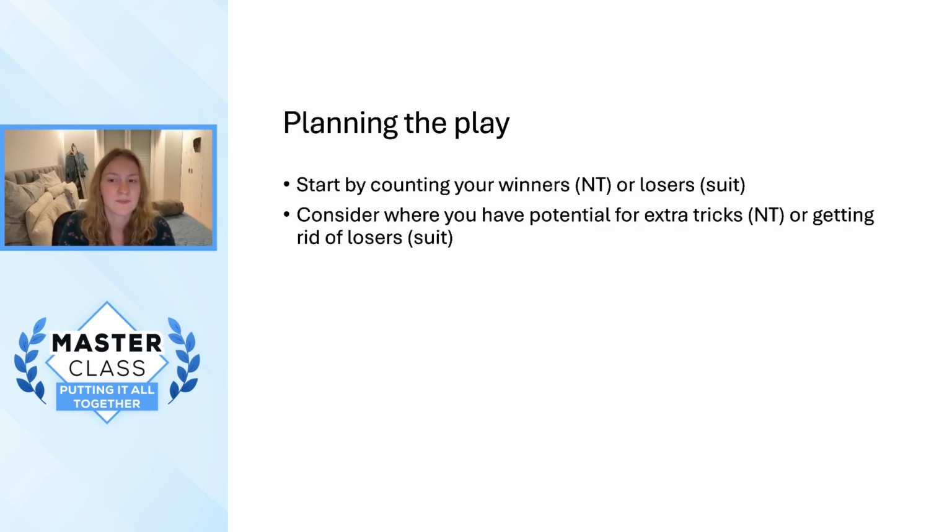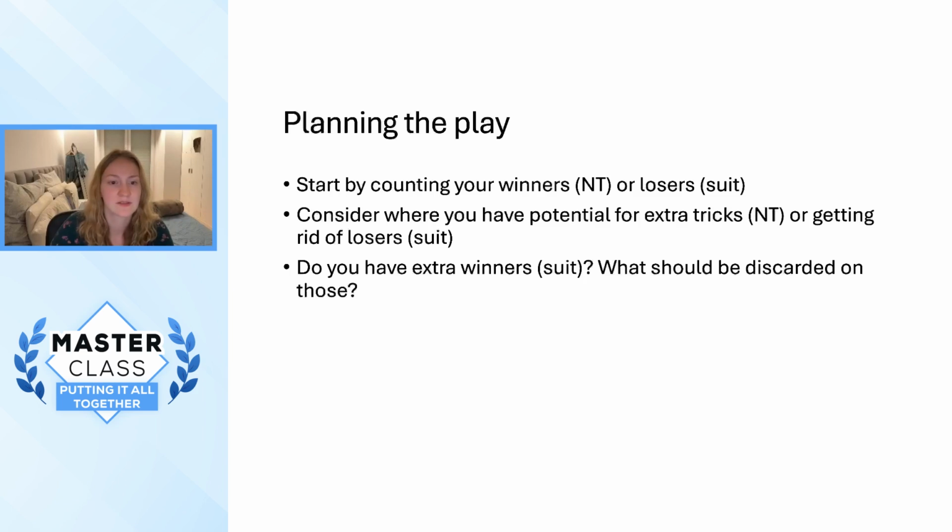And then in terms of suit contracts, getting rid of losers, are there any ways of doing that? And we looked at quite a few techniques this year for how to do it. In a suit contract, for example, you might find sometimes that you have some extra winners. Now, because we're counting losers, we're not really focusing on the number of specific tricks that we have.